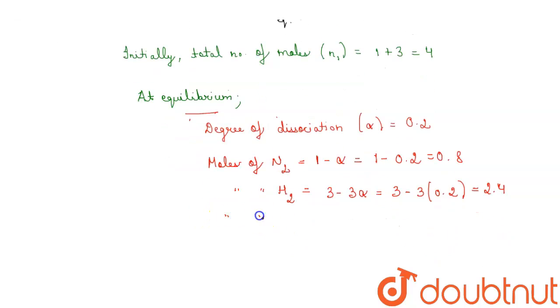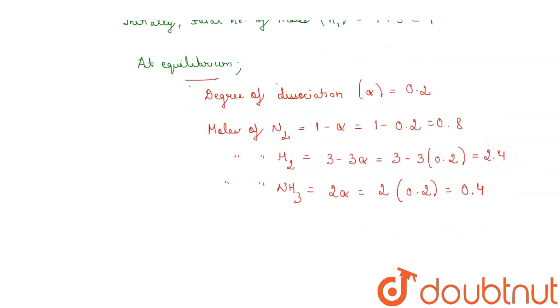Similarly, moles of NH3 at equilibrium will be 2 alpha and it will give 2 into 0.2, that will give the value 0.4, right?